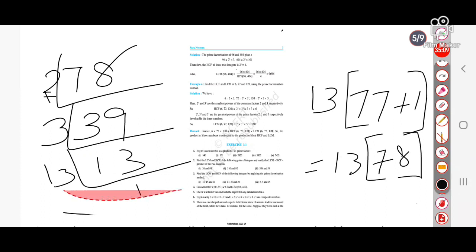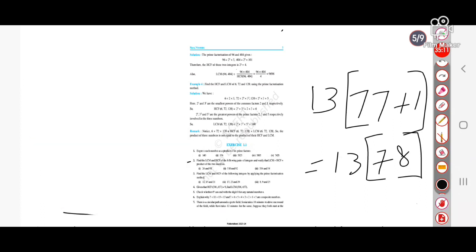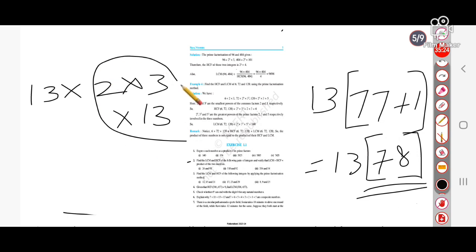We express it as 13 cross 2 cross 3 cross 13. For the easiest route of calculation, we are reducing 78 to 2 cross 3 cross 13.